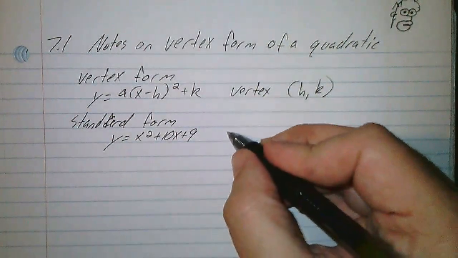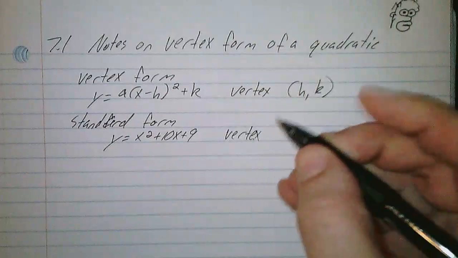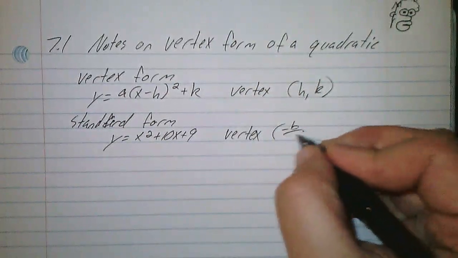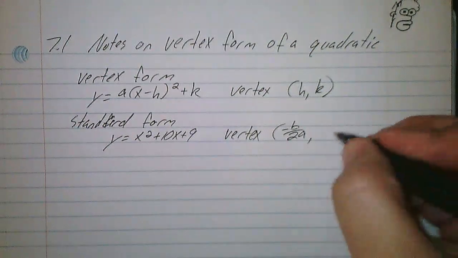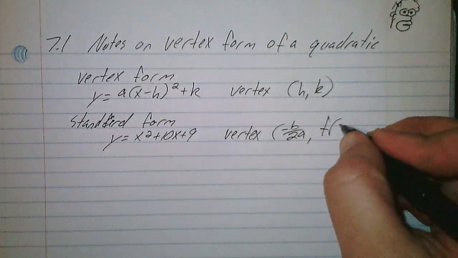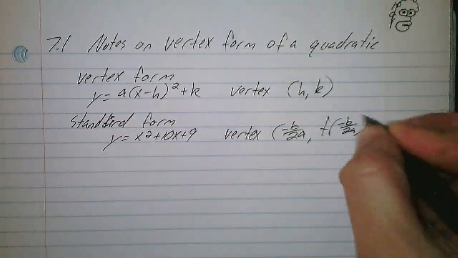And this is where we find the vertex as negative b over 2a, and then the function of that value.